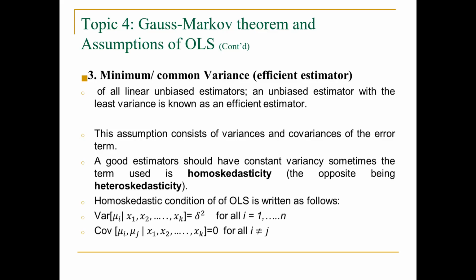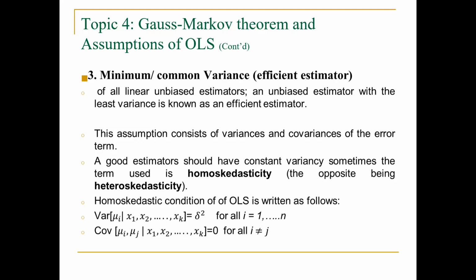The homoscedastic condition of OLS is written in this equation: the variance of the mu term given x1 up to xk. Remember, x1 up to xk are the independent variables that you include in the model. If it's a fertilizer model, you're talking about yield as a function of rainfall, fertilizer use, labor use.